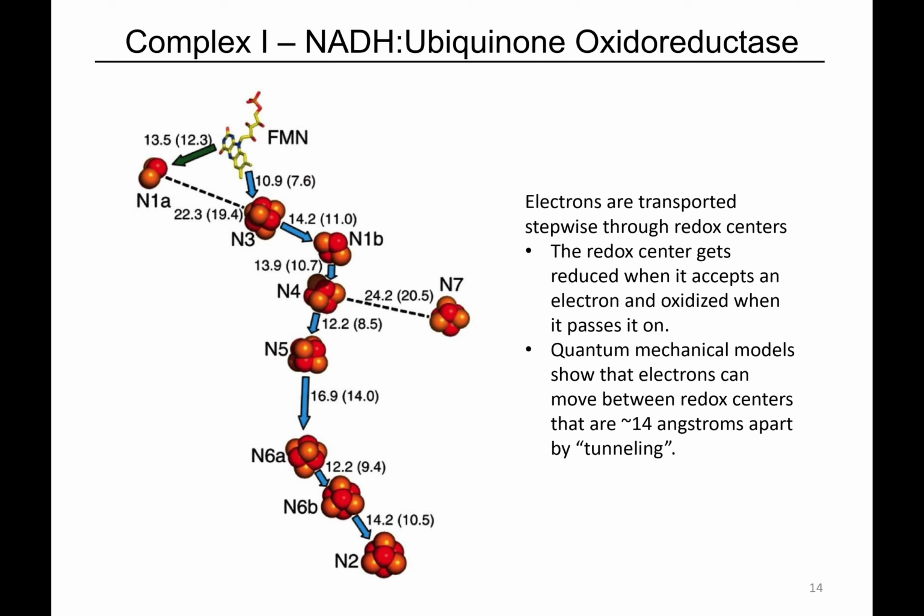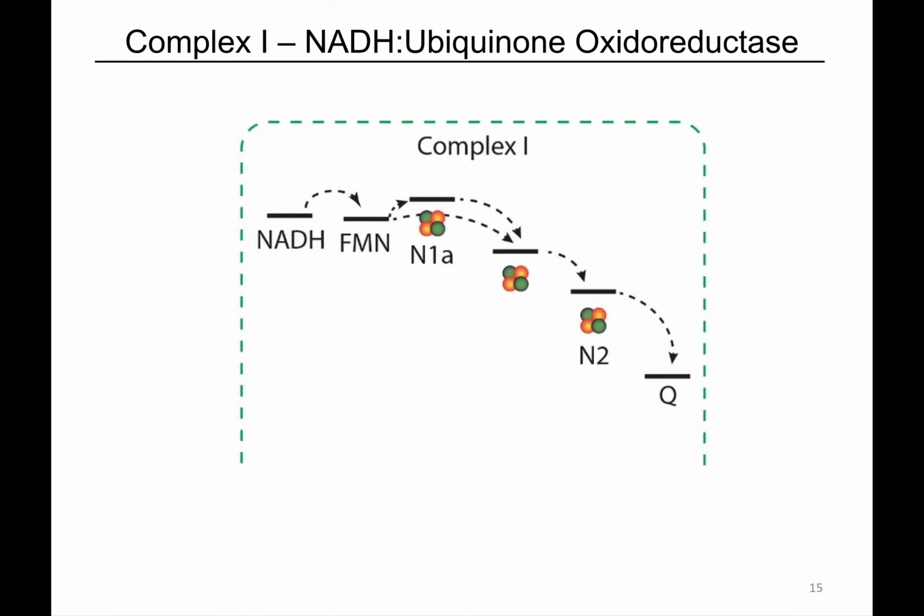Okay? We pass the electrons all the way through the iron sulfur clusters one at a time, and then we give these electrons to coenzyme Q one at a time. We start with the oxidized form, we create the semiquinone, the single electron reduced form, and then 1 more electron creates the fully reduced form. Note here on the energy diagram that each of these steps is downhill.